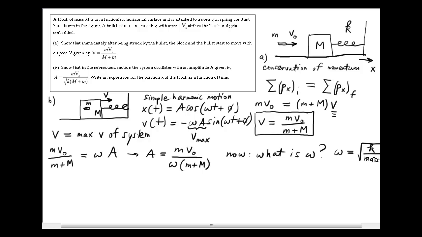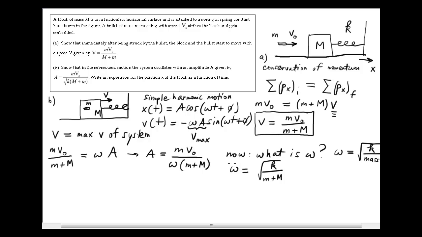And the reason is this system has the two objects stuck together, moving together. So the total mass of the system is little m plus big M. That is what belongs in the denominator. So omega, in this case, is square root of k over little m plus big M. And that's important. It's easy to make the mistake of just writing it as k over m.